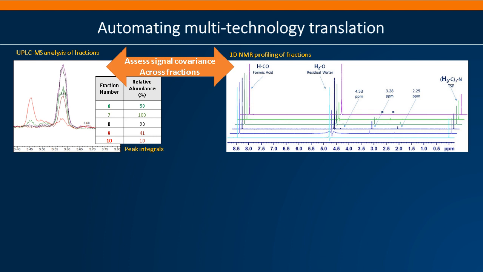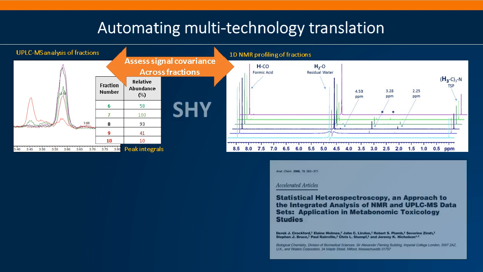So let's say we've oversampled the fractionation, and so our target chemical, carnitine, would elute a little bit in fraction 43, a little bit more in 44, most in 45, a little bit less in 46, and so on. So we can take that pattern, we can integrate all those signals, and we can do a statistical correlation to what's seen in NMR.